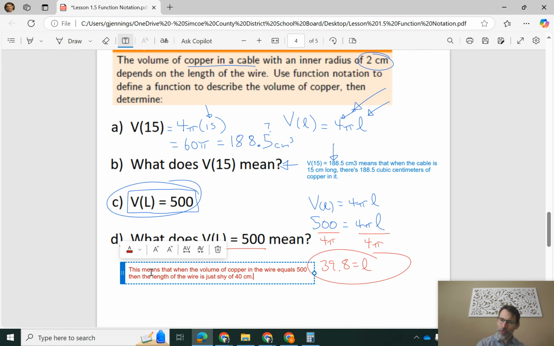Just shy of 40 centimeters. We were almost there. Those of you who wanted to get all the way to 40, sorry to disappoint you.